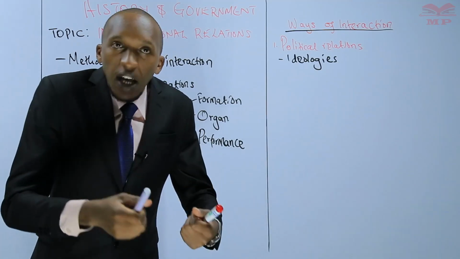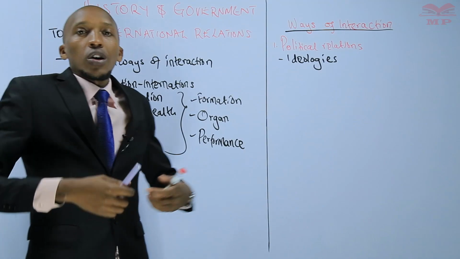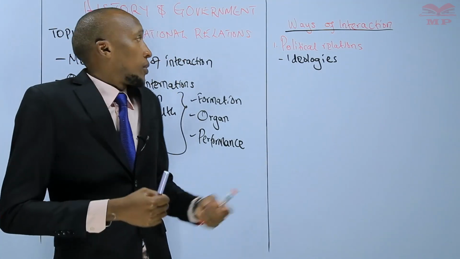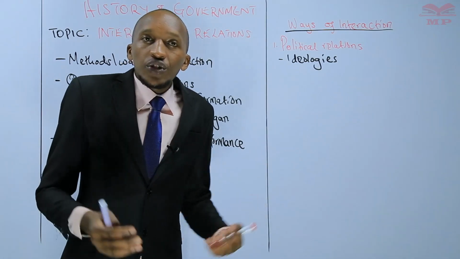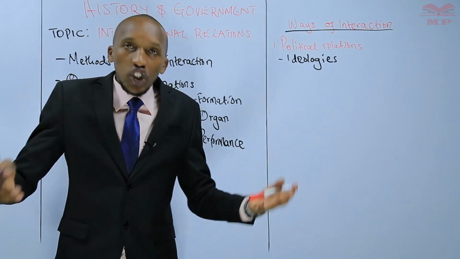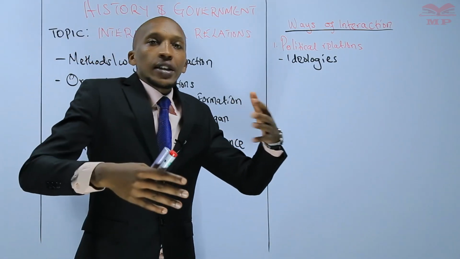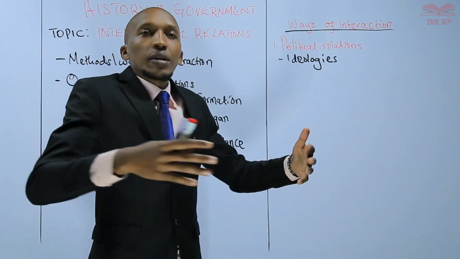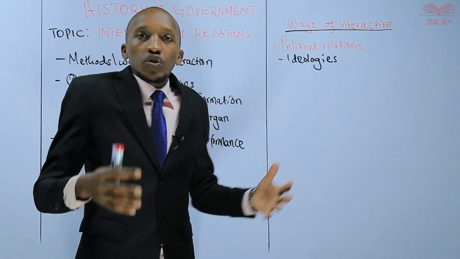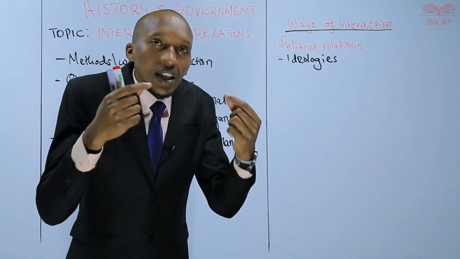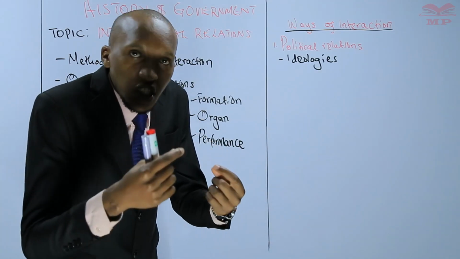What drives a person? The belief system of a nation or of a group of people. That is the ideologies. So different countries that had the same ideologies came together. They made alliances or unions to discuss the issues because they have the same thinking pattern. They have the same way of handling issues.